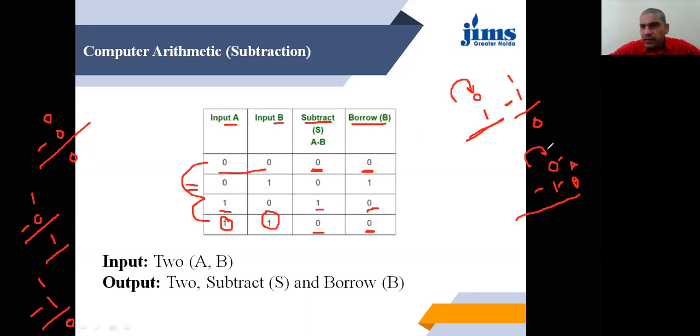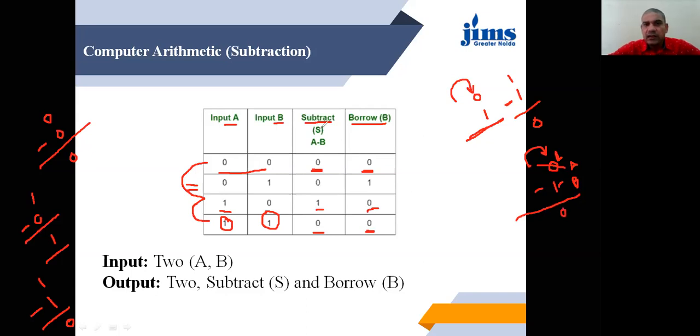When we are taking a borrow from the next bit, instead of 0, it becomes 1. So this is 1 minus 1 is 0, but we take a borrow.